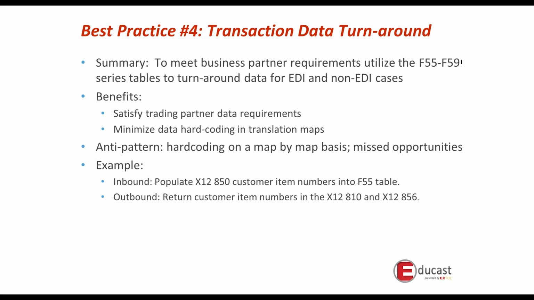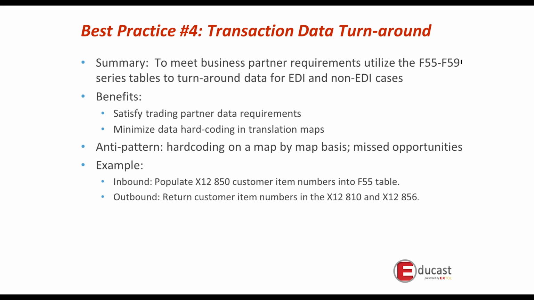If we don't use these tables, we might be required to hard code the data. If we hard code the data, we can't guarantee any consistency with the trading partner. So looking at the examples here, if a customer sends a customer item number and we try to map it into our 47 table, such as the CITM field, the CITM field does not appear in the 4211, which is our sales order files.